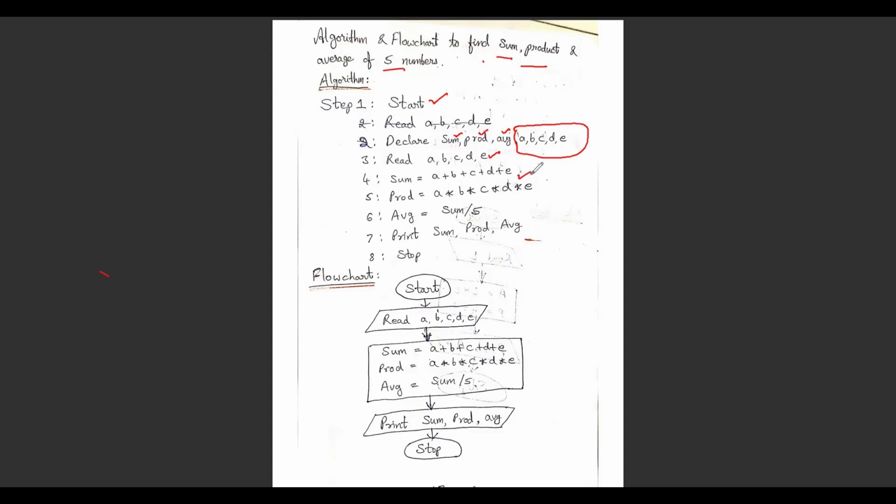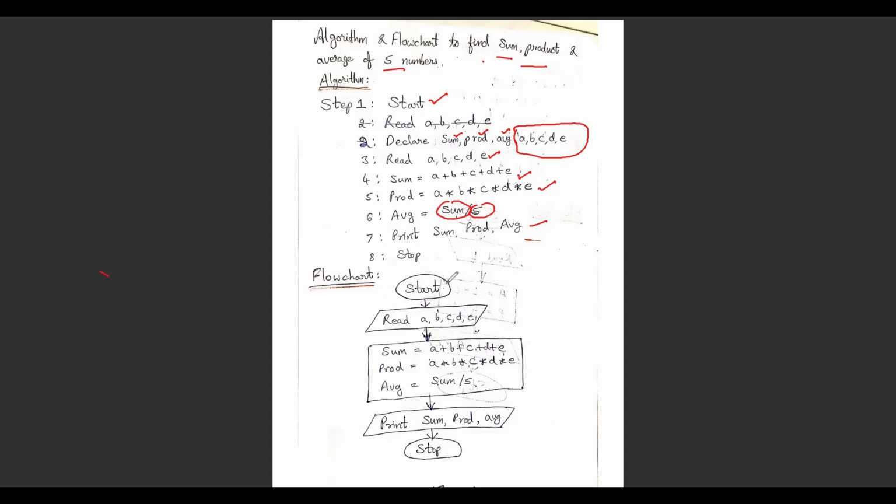Sum is nothing but the sum of all numbers, product is multiplication, and average is the sum divided by the number of numbers you have, right? Five numbers are there, so you're going to sum them and divide by five. You're going to get the average, and finally you're going to print average, sum and product. Finally, you're going to stop.